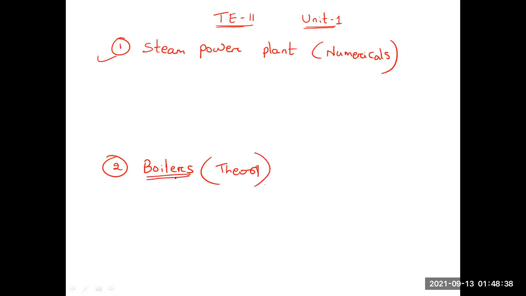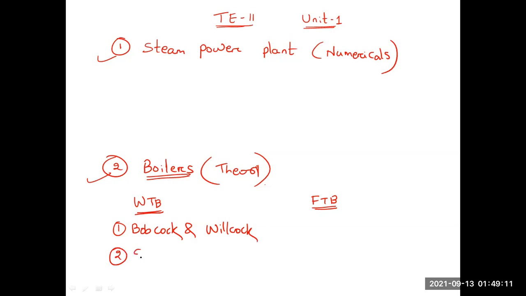So first let me complete this one, because whatever notes you have, everything related to this boiler is there. In total you have 5 types of boilers. One is the water tube boiler, and the second is the fire tube boiler. In the water tube boiler there are 2 types. The first is the Babcock and Wilcox boiler, and the second one is the Stirling boiler.